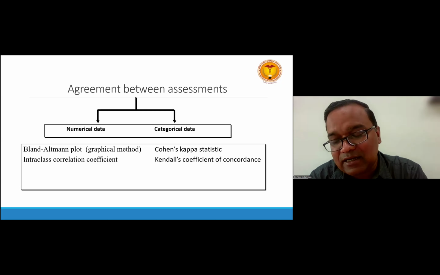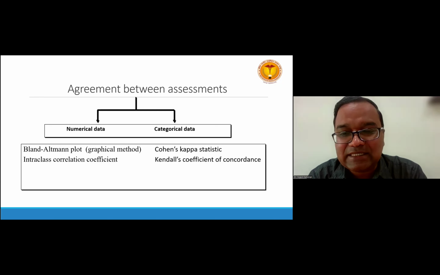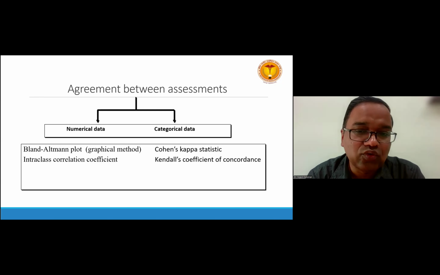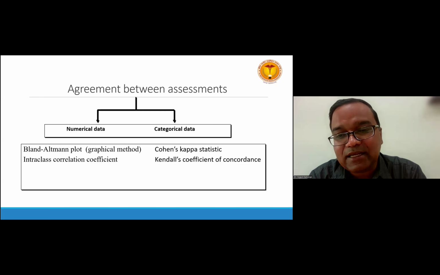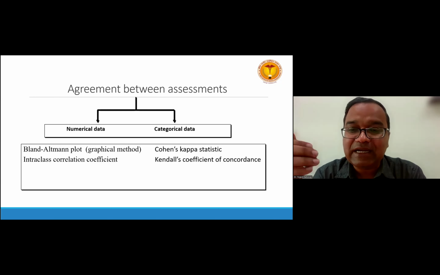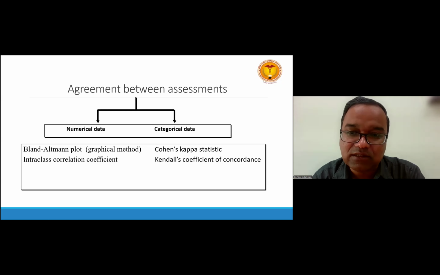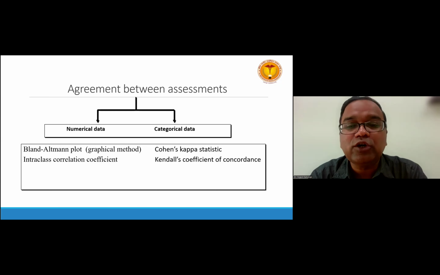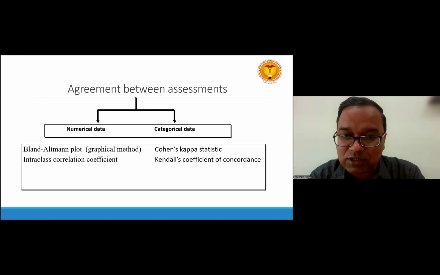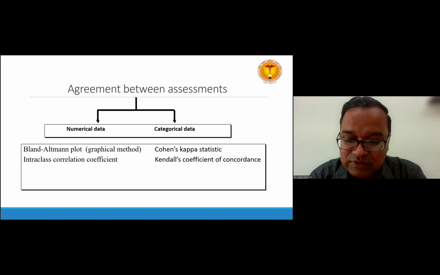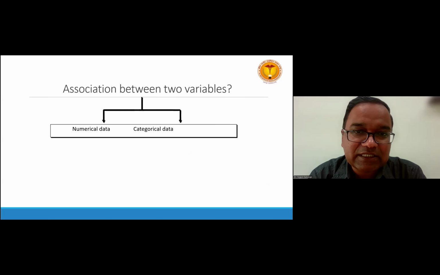Similarly, for categorical data, like the example I gave about chest X-ray for pulmonary TB and 2 assessors, we will apply Cohen's kappa statistics. And if the raters give ratings on a ranking scale, like 1, 2, 3, 4, and there are more than 2 raters, we would apply Kendall's coefficient of concordance. So these are the tests of significance for agreement between assessments.